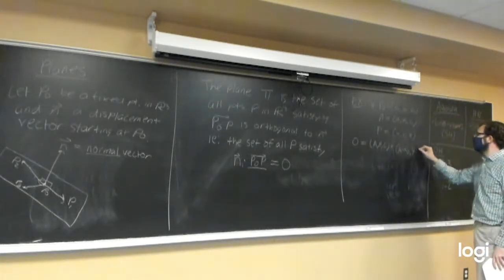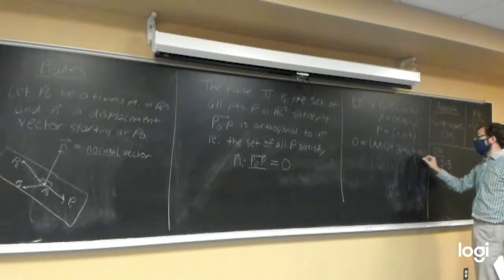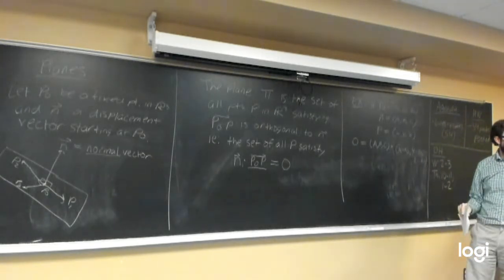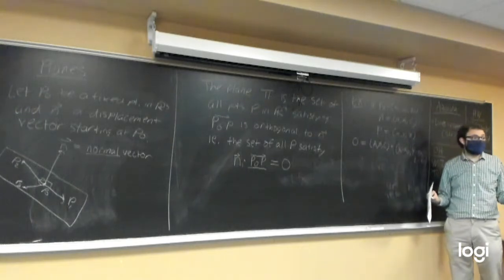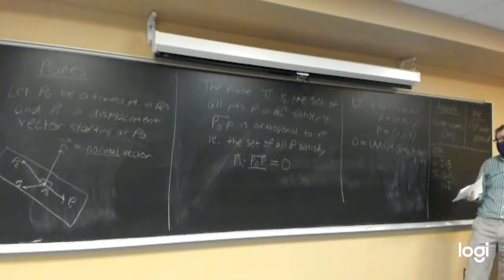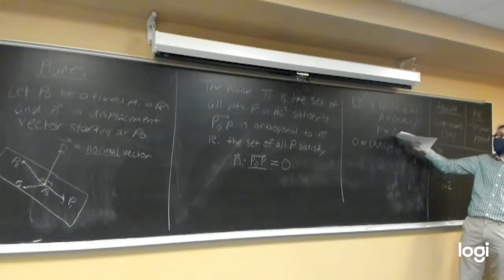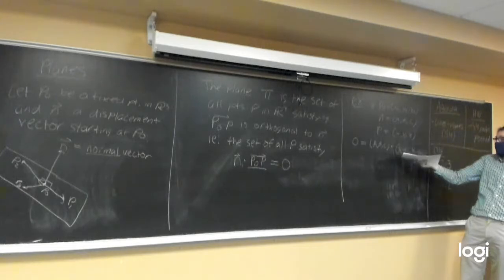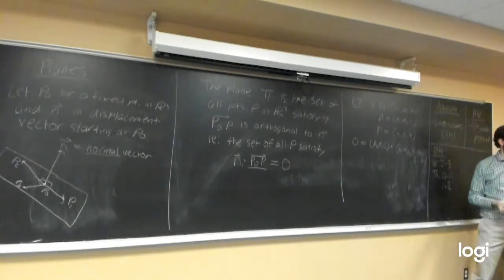Yeah, I think we need to subtract, because the general formula for how you find a displacement vector between 2 points is you just take the coordinates of the second point minus the coordinates of the first point. So first coordinate of P minus first coordinate of P naught would give us an x minus x naught, and then ditto for the other coordinates.